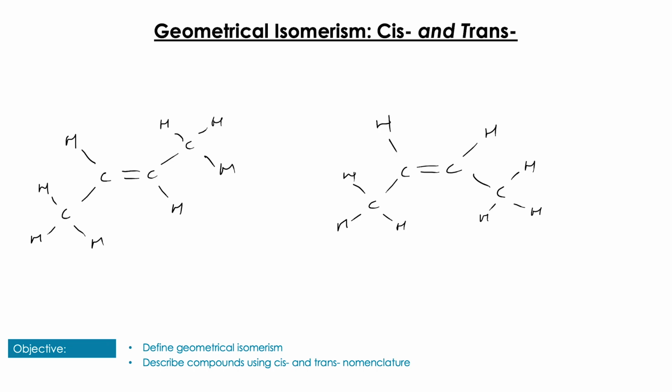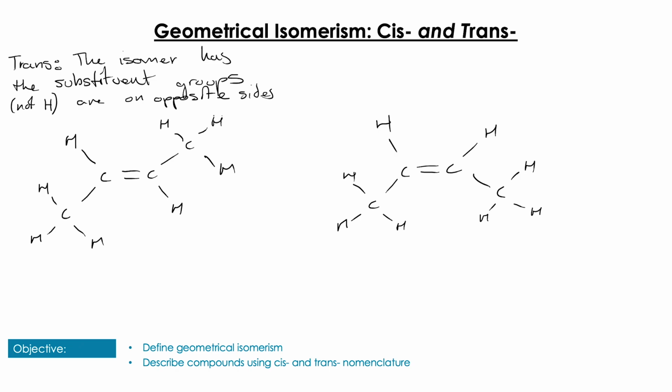On the left we have what we call the trans isomer. A trans isomer is one in which the substituent groups, as in not the hydrogen, are on opposite sides of this double bond. If we draw an imaginary line down this double bond, you'll see that the groups are on opposite sides of this line.